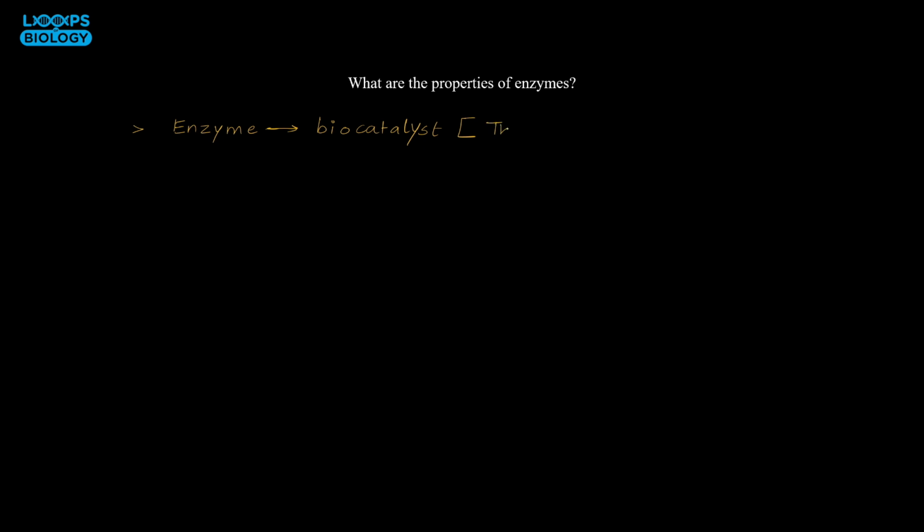So the rate of biological reactions is increased. And how does the catalyst increase the rate of reaction? By reducing the activation energy. Hope you are well versed with those topics. If not, go and check my videos on the introduction to enzymes. Got it? So let's move to the next property of enzyme.